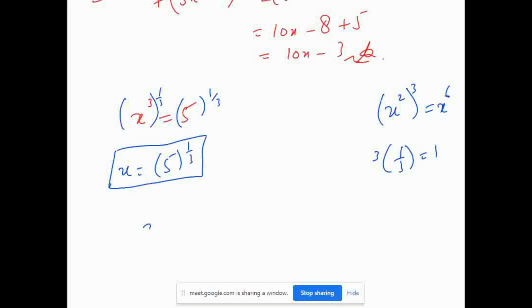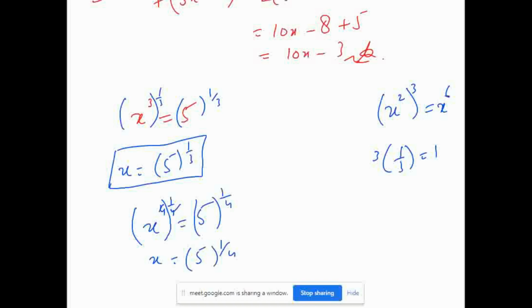Similarly, if you have x^4 is equals to 5. So if we want to remove the power 4, what we have to do? We have to just simply multiply the power with 1 by 4 on both sides. So from here we can cancel out this, and x will be equals to 5 power 1 by 4.